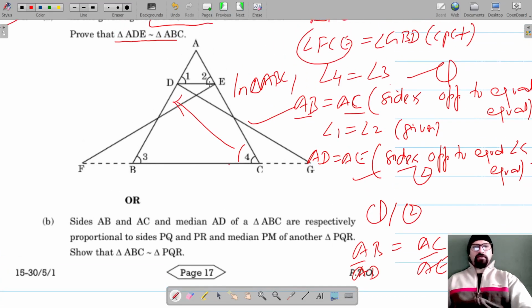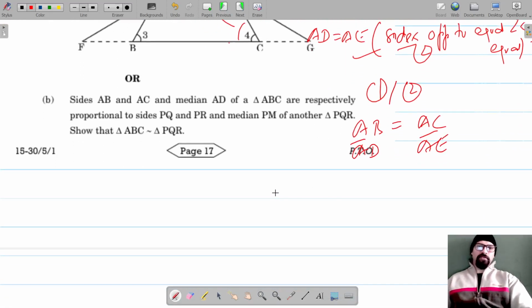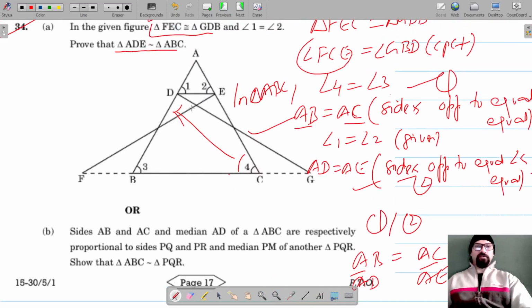So by the converse of BPT theorem, AB divided by AD is equal to AC divided by AE.